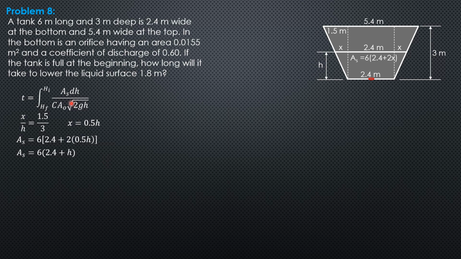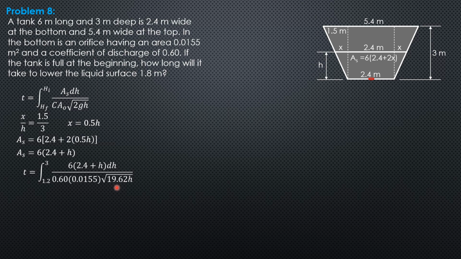Substitute into the formula with HF 1.2, HI 3. So the integral of 6 times 2.4 plus H, dH, over 0.6, area of orifice 0.0155, then square root of 19.62H. Computing for the constant, 6 divided by the quantity 0.6 times 0.0155 times square root of 19.62.